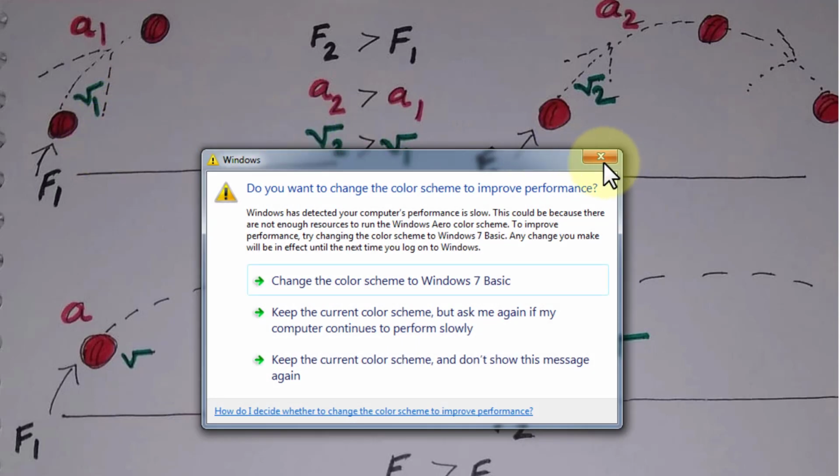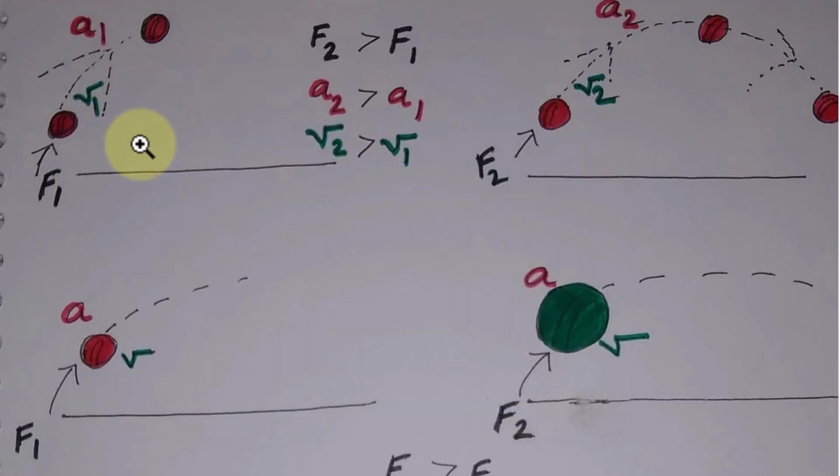So if you apply less force, little velocity will change and little acceleration is produced. But if you apply more force on the body, its velocity change will also be more and acceleration produced will also be more. So F2 is greater than F1. That's why acceleration produced is also more, a2 is greater than a1. Velocity change is also more, v2 is greater than v1.